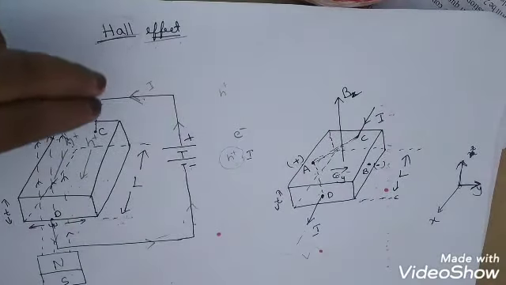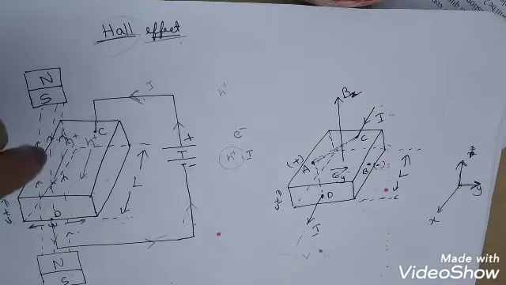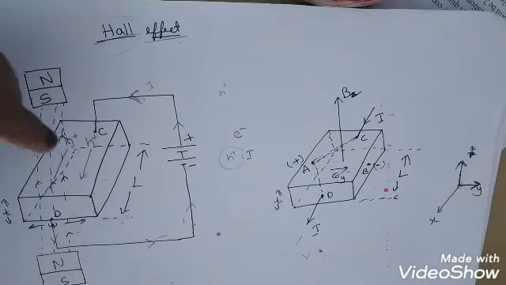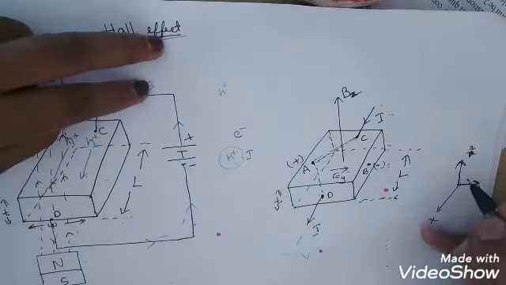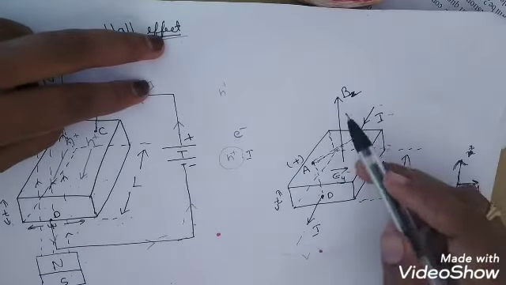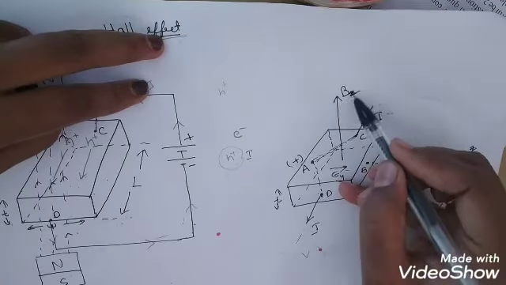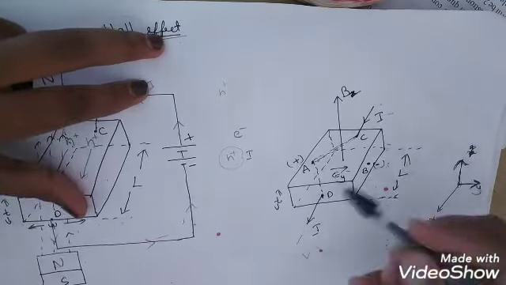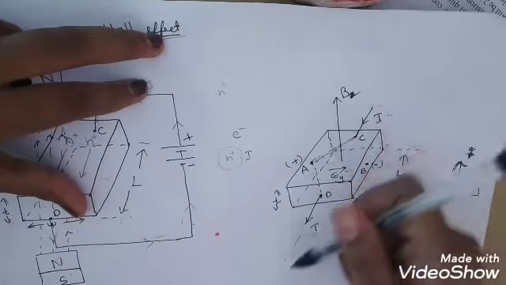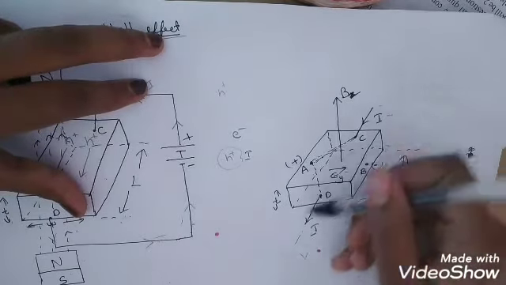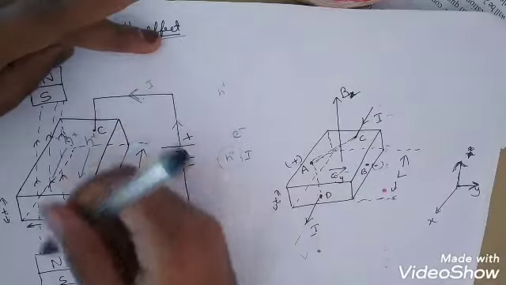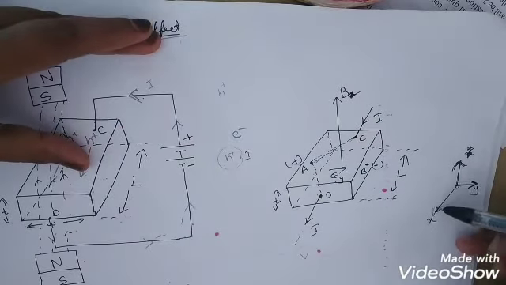Now we need to understand in which direction the electric field that is introduced is flowing. So for that, if we consider the magnetic field is applied in the Z direction, call this BZ, that is the Z direction. The electric field is in the X direction. So this is the X direction where we are applying the electric field. This is our three-dimensional view.